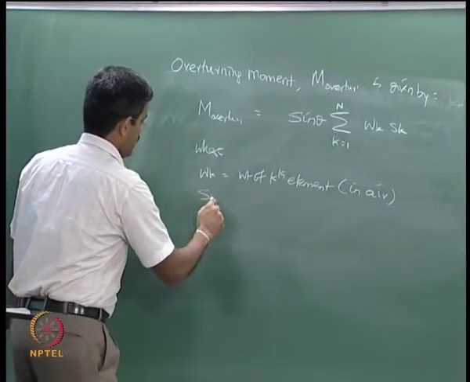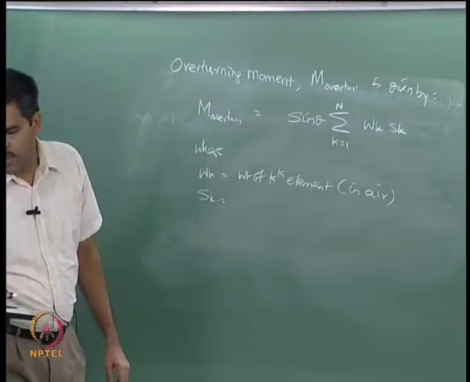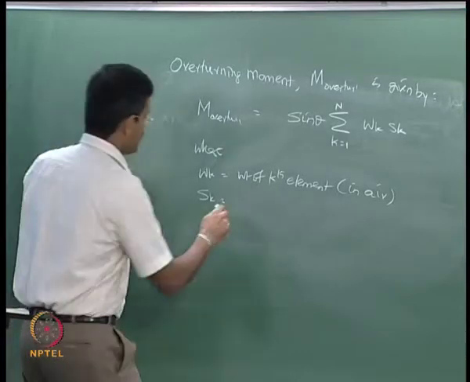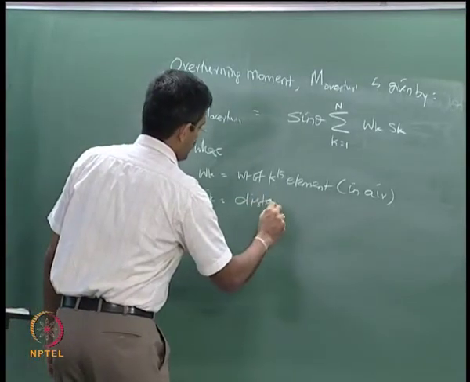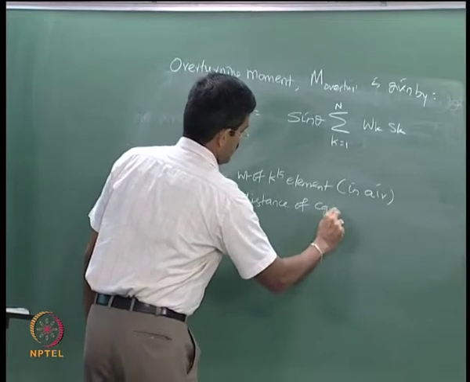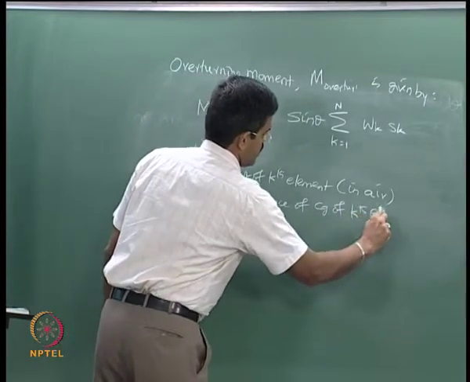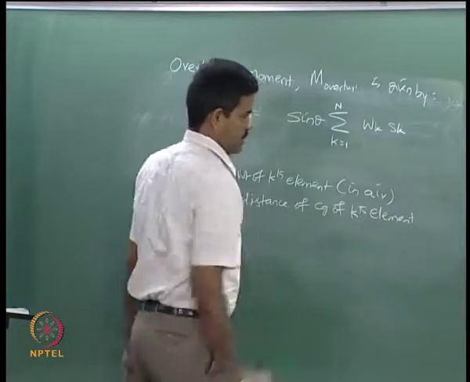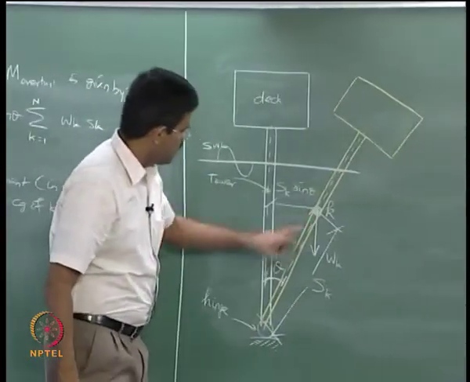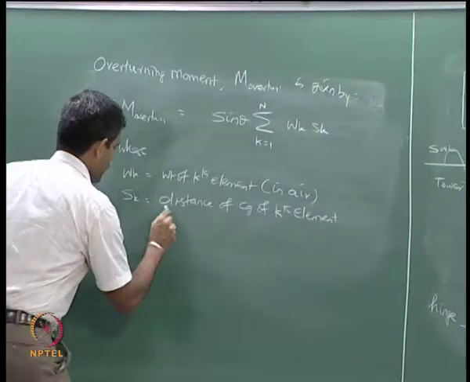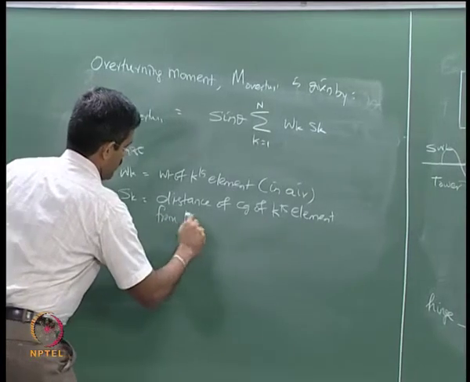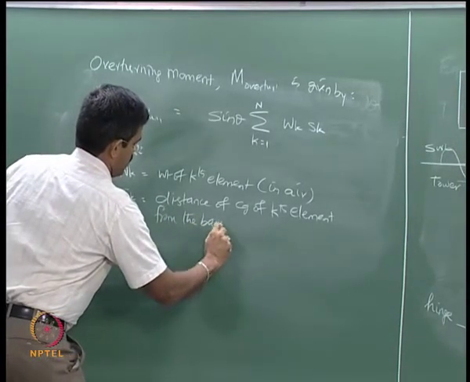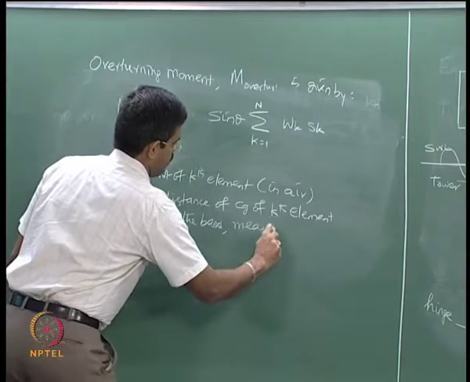Sk is the distance of Cg of the kth element from the base measured along the tower.